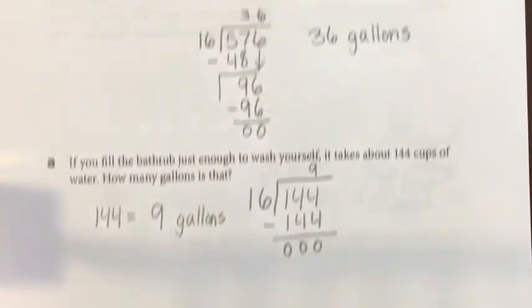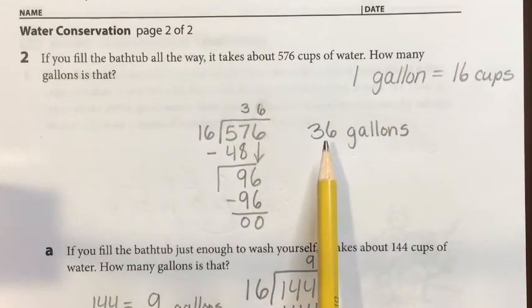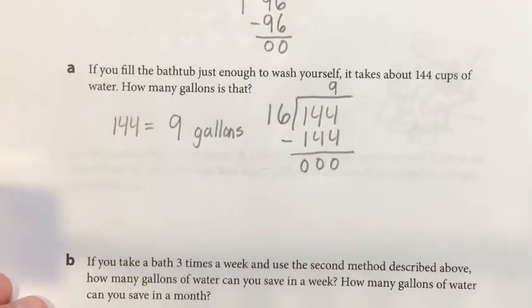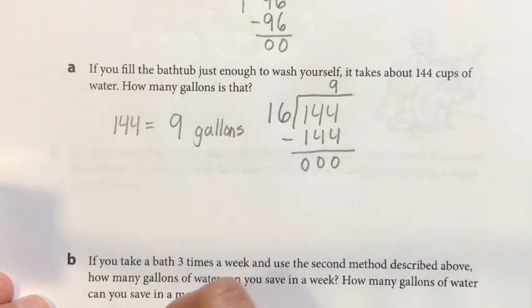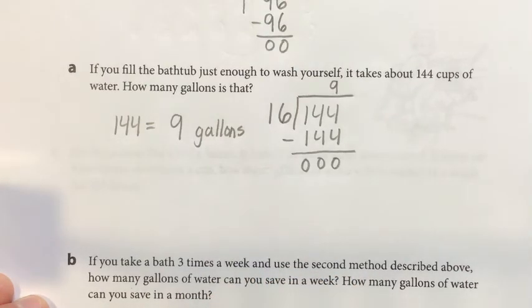If I fill the bathtub all the way up, I use 36 gallons. So in 1 day, I'm going to find the difference in how many gallons I save. 36 take away 9 is going to be 27. So in 1 day, I would save 27 gallons of water.